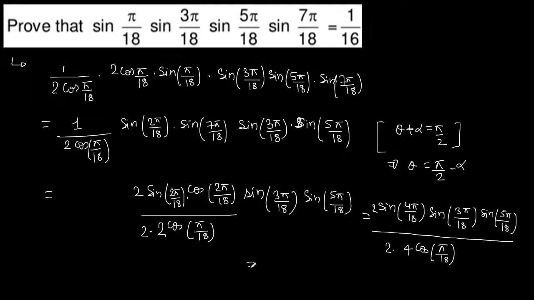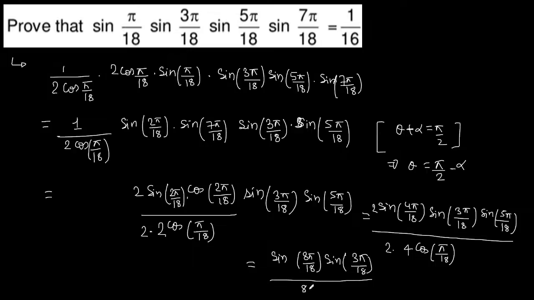So if you try to solve it, it is sin 4 cos 4 sin 8 pi by 18, sin 8 pi by 18, and we could not use sin 3 pi by 18 anywhere.